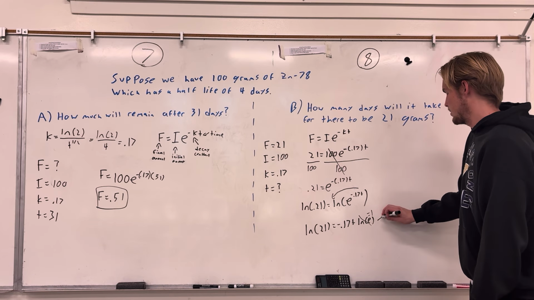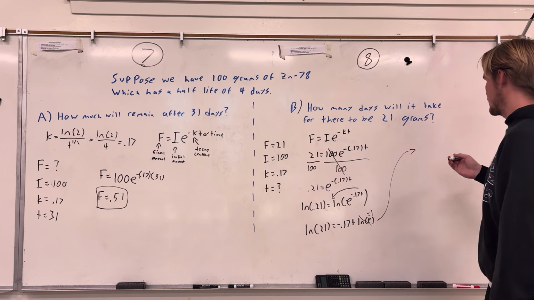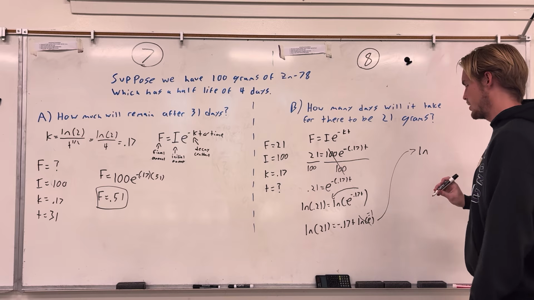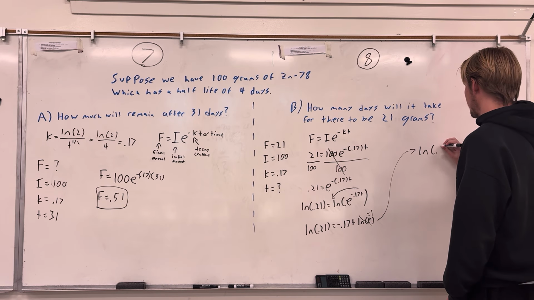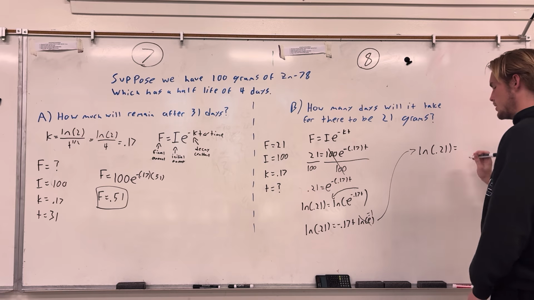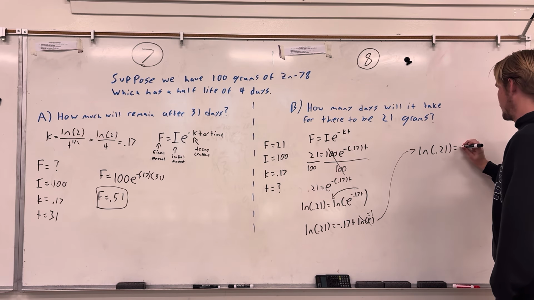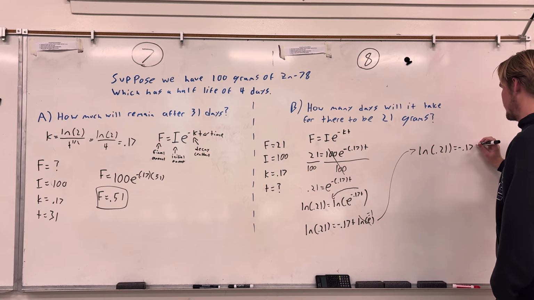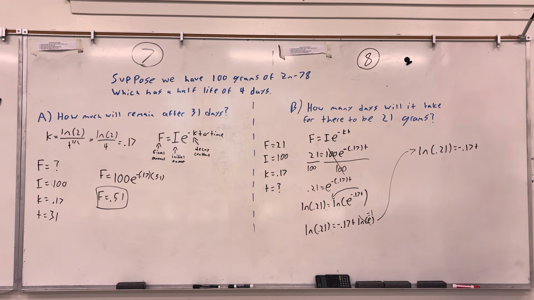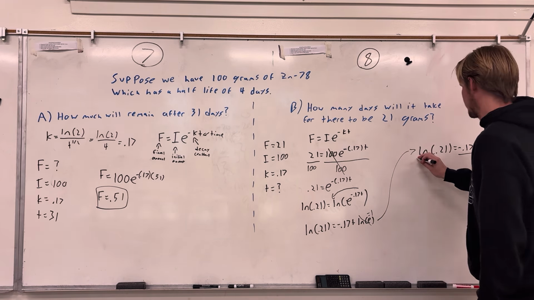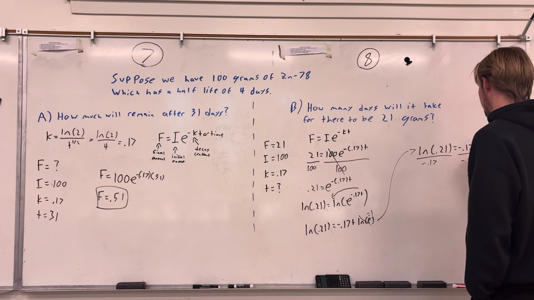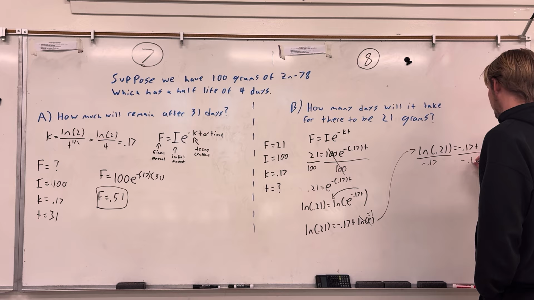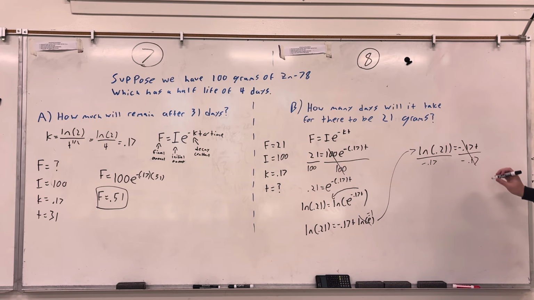So I'm going to move everything up here. We're just left with ln of 0.21 equals negative 0.17t. We divide both sides by negative 0.17. These cancel out.